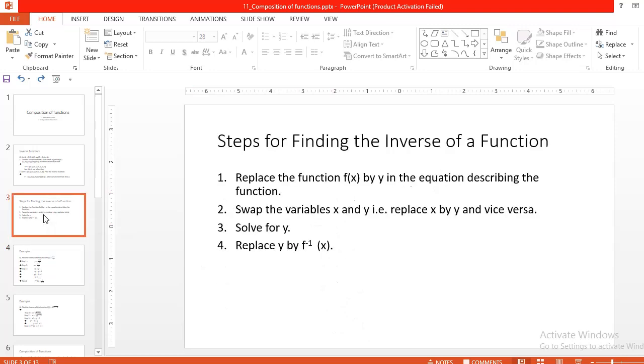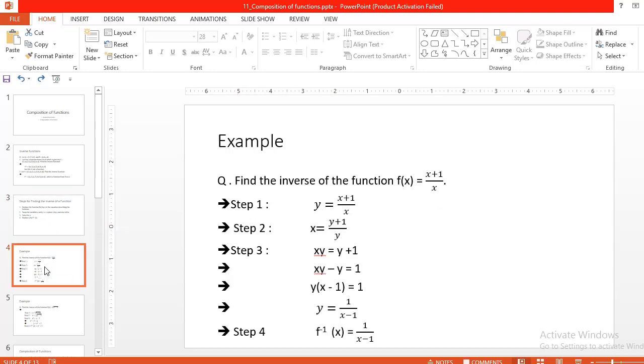Then what is the third step? The third step is to solve for y. Now solve this equation and find y. Cross multiplying, xy equals y plus 1. So taking y to the left, xy minus y equals 1, and taking y common, y times (x minus 1) equals 1.